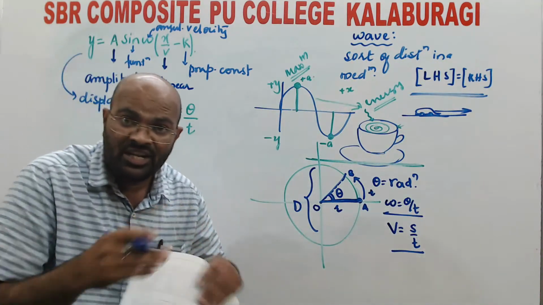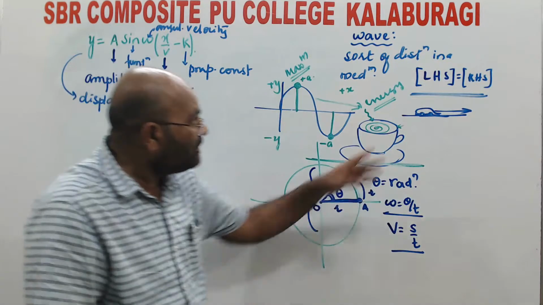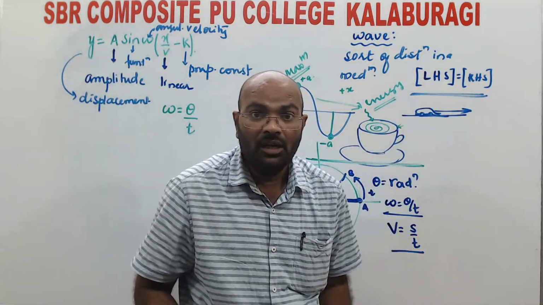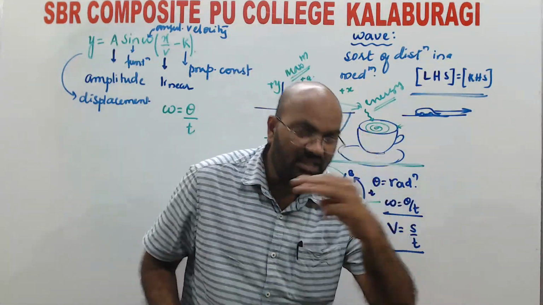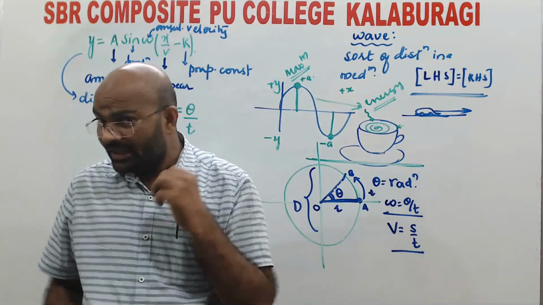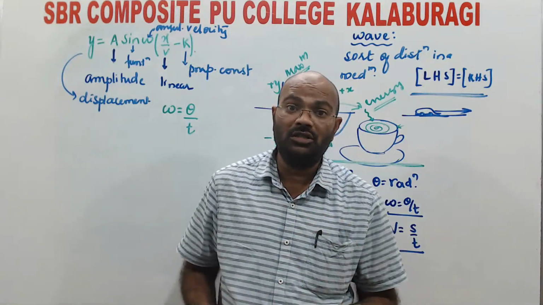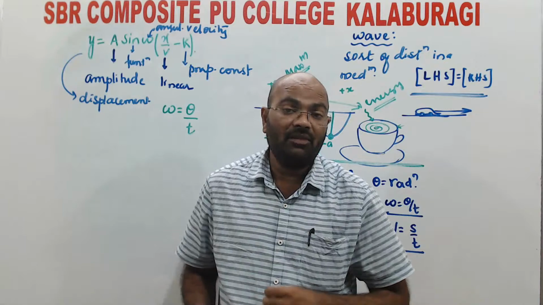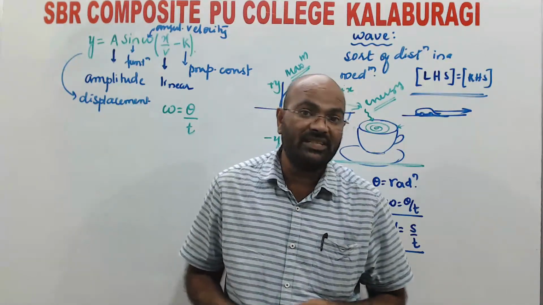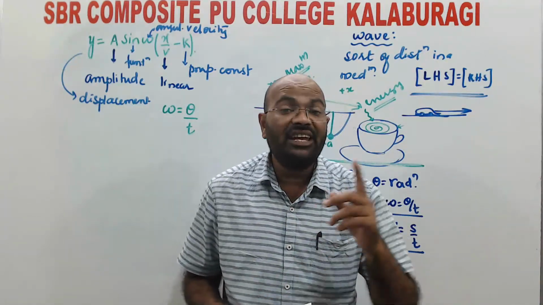We have solved plenty of questions on the basis of the principle of homogeneity. Among those, the 3 best examples we gave are the equations of motion: v is equal to u plus at, v square minus u square is equal to 2as, and s is equal to half at square.